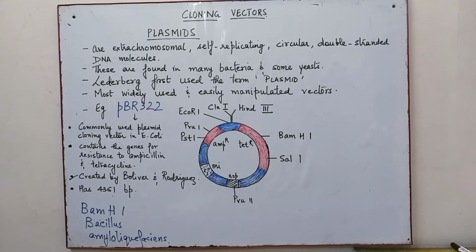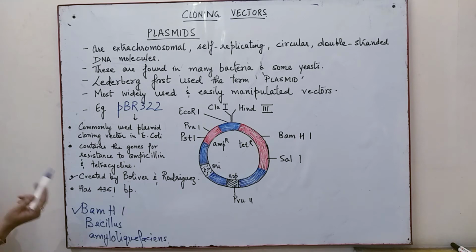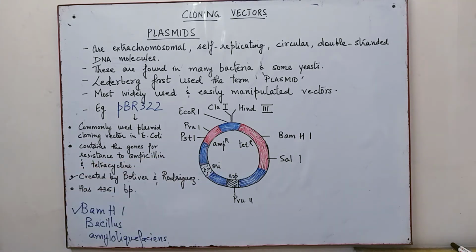Now what we can do is ligate, that is join, a foreign DNA at the BamHI site of the tetracycline resistance gene in the vector pBR. So this can be used to ligate a foreign DNA at the TET, the tetracycline resistance gene. Now what will happen because of this?